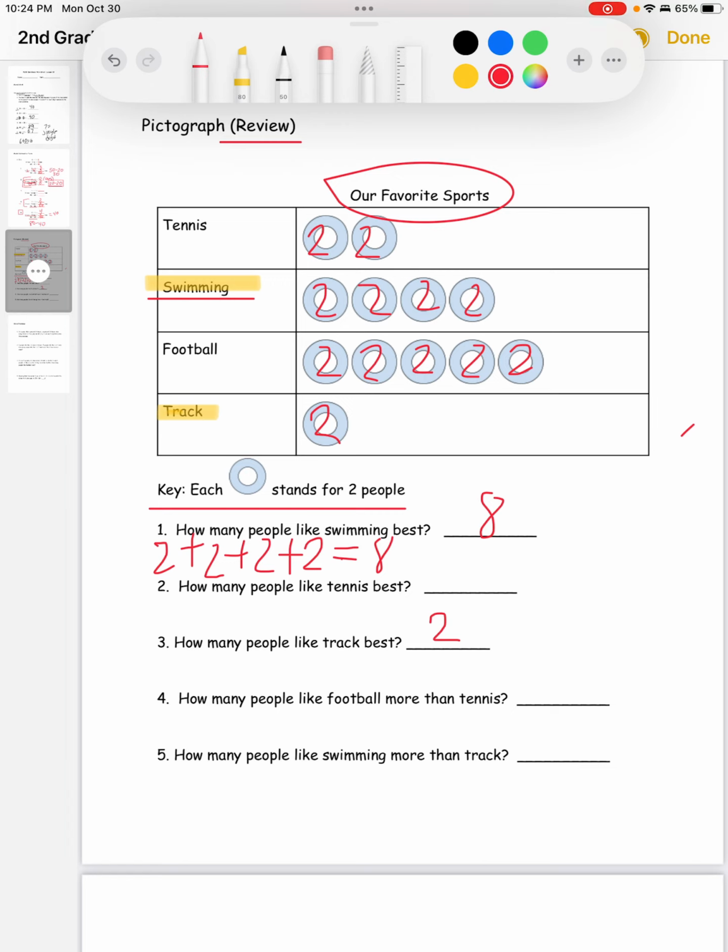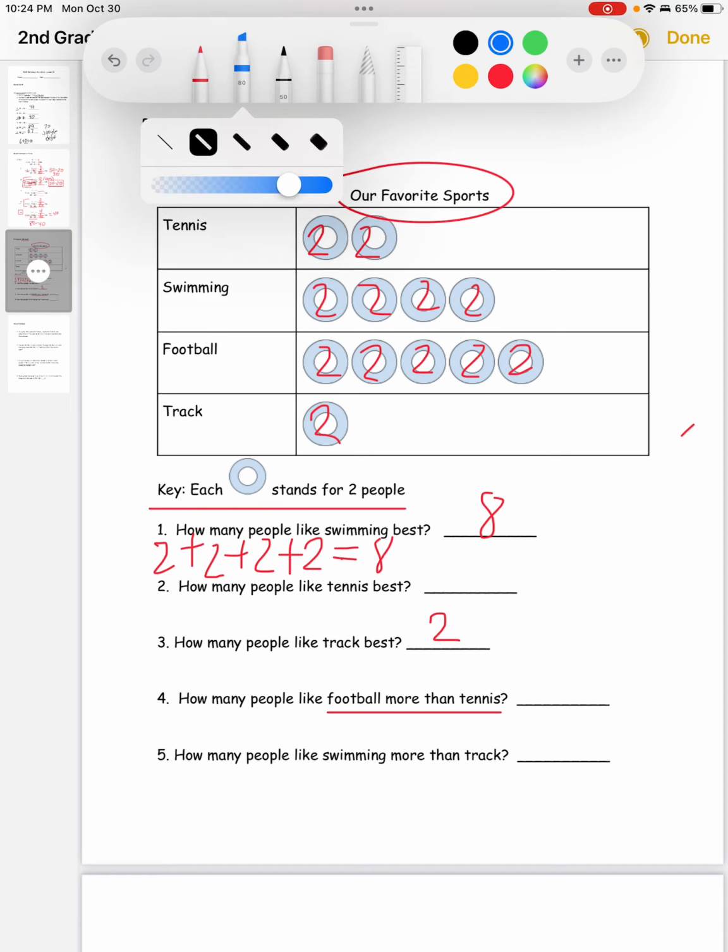Now let's answer question number 4. How many people like football more than tennis? So we're not trying to find out just one of them, we're comparing the 2. So football is right here. Actually, let's do a different color now. Football is right here, and we can use green for tennis.